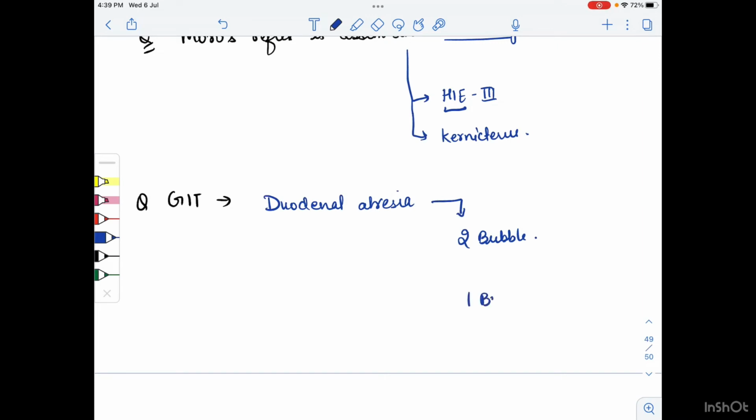If one bubble is there, then it is CHPS, congenital hypertrophic pyloric stenosis. And if we see three bubbles, it is jejunal atresia. So pyloric stenosis, one bubble. Duodenal atresia, D for duo, also known as 2, and in jejunal atresia 3, the triple bubble sign.